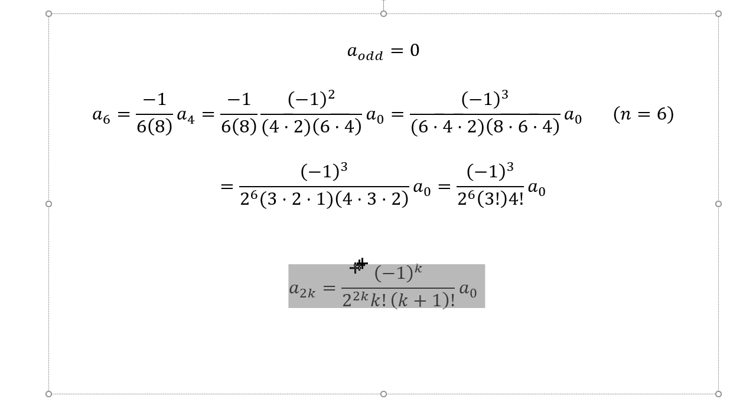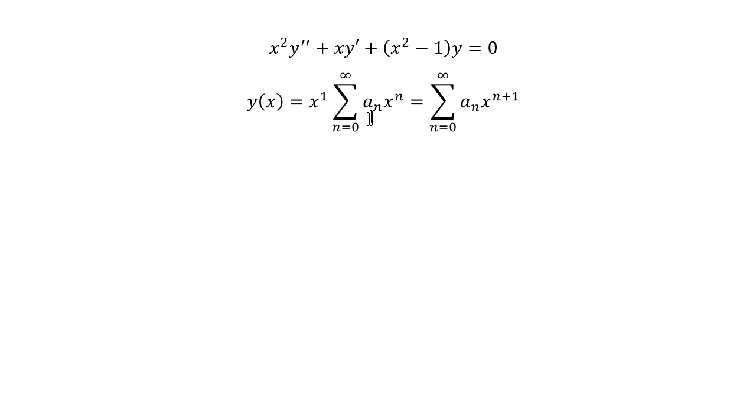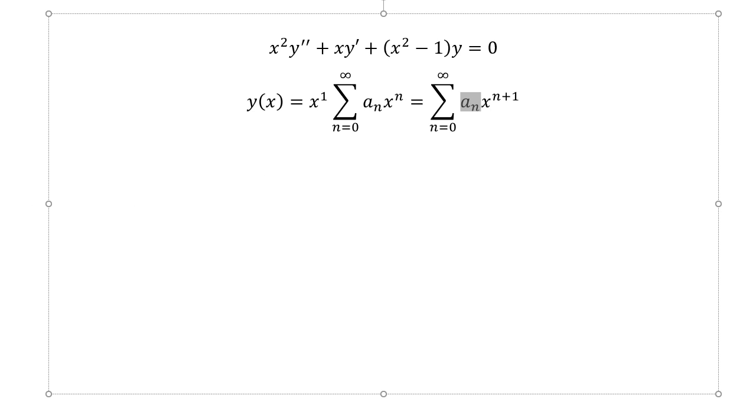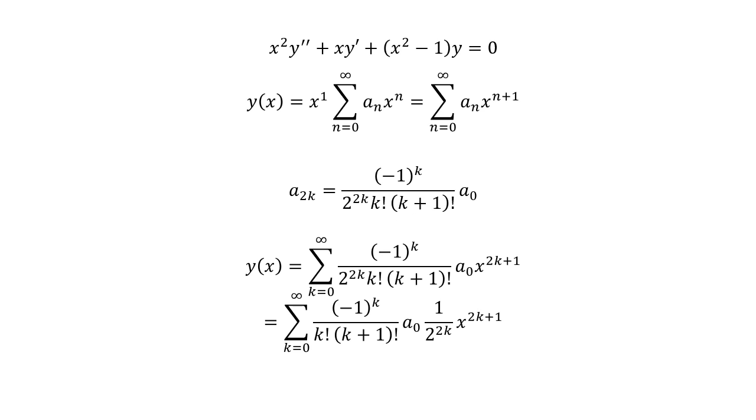Therefore, now I can replace this into our original starting point. We started out by saying that the solution should be a Frobenius type, which is they should look like this, right? So I can replace an by what we just found out, and we can get the following thing as a solution.